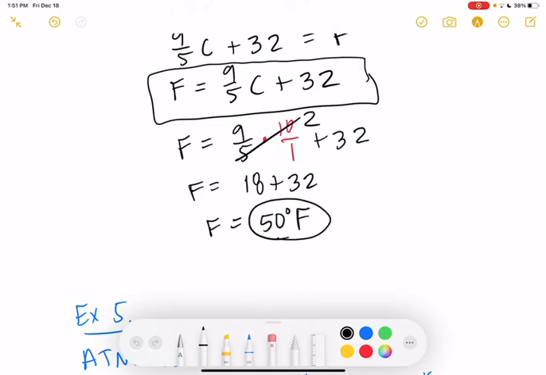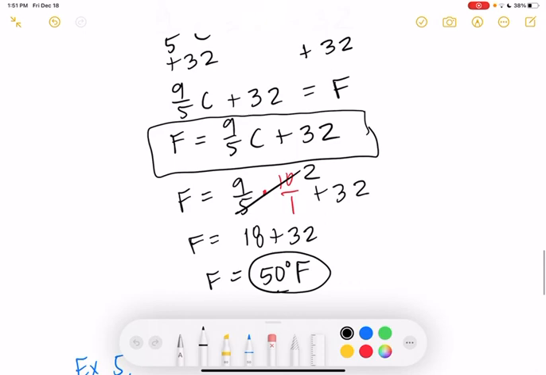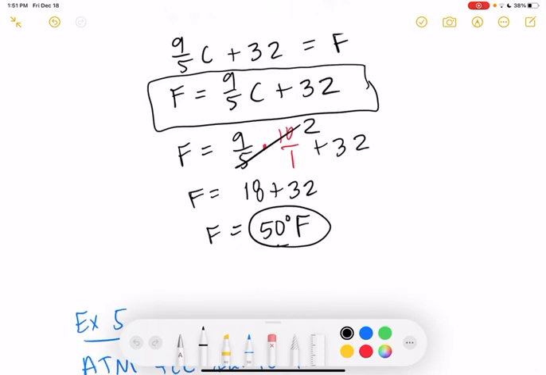All right, so put in that 10. 10 over 5 was 2. Got 18 plus 32, which is 50. So when it is 10 degrees Celsius, it is equivalent to 50 degrees Fahrenheit.